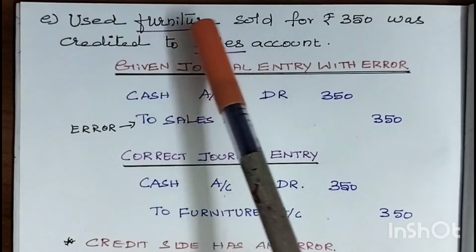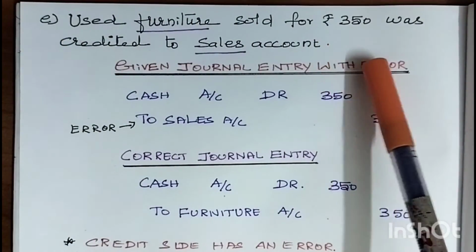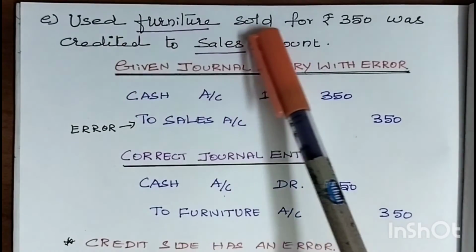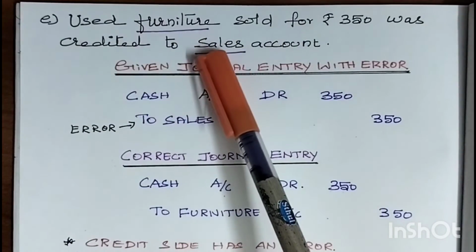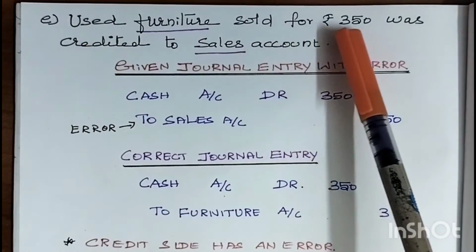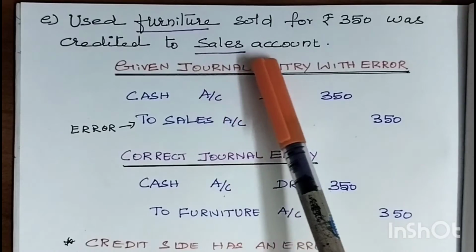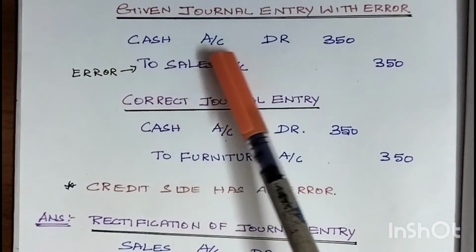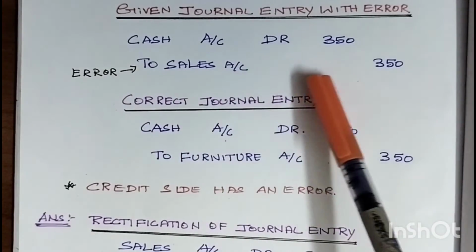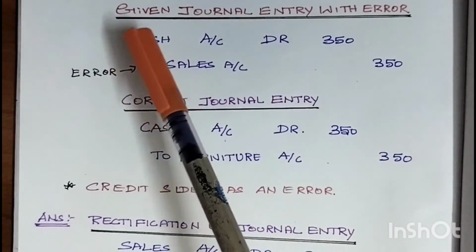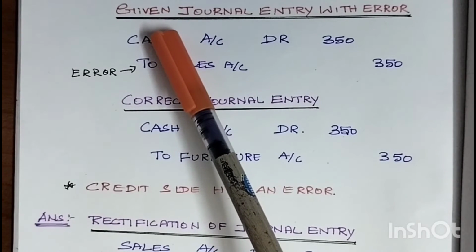Listen, used furniture sold for rupees 350 was credited to sales account. Read the transaction carefully. You find the answer from the transaction. What did they enter in the journal entry? Cash account debit 350 to sales account 350. This is the erroneous journal entry they wrote in the accounts book.